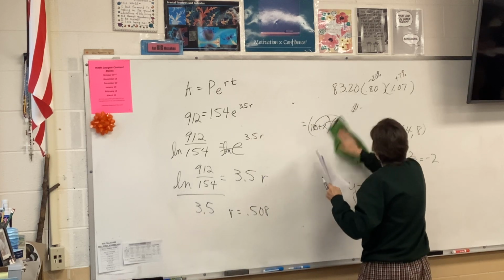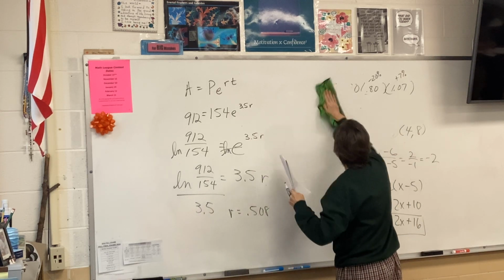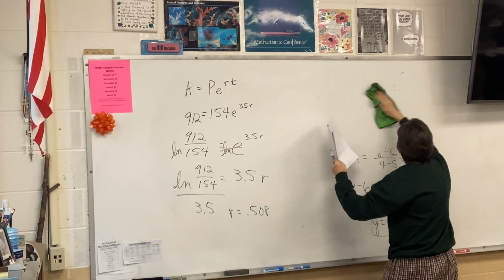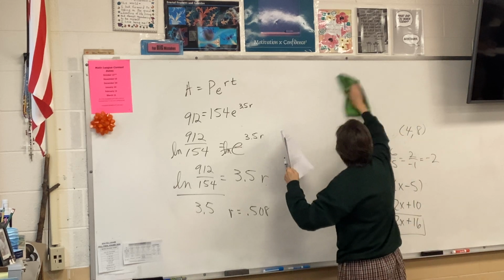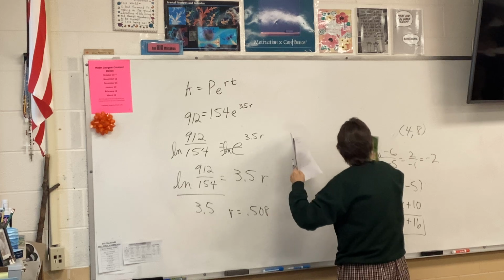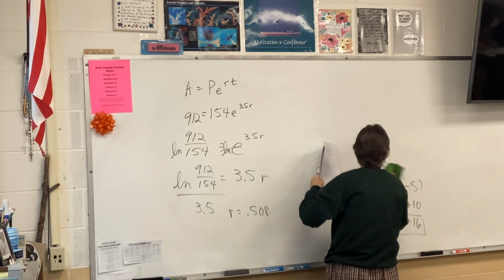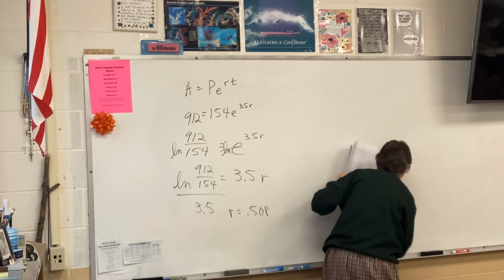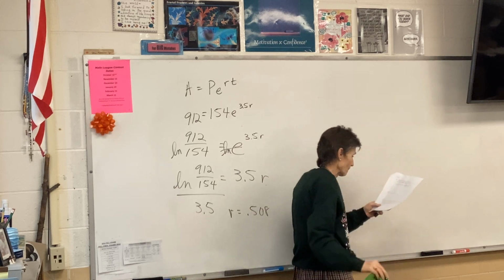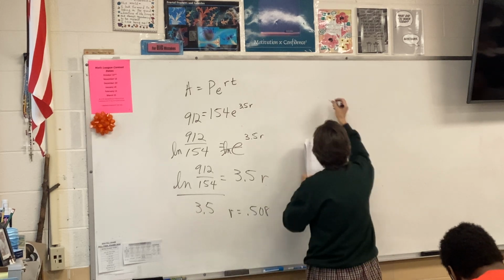All right, 25. I need a formula. Do I use PERT or the other one? The other one. So what is happening here? Okay, here's my formula.